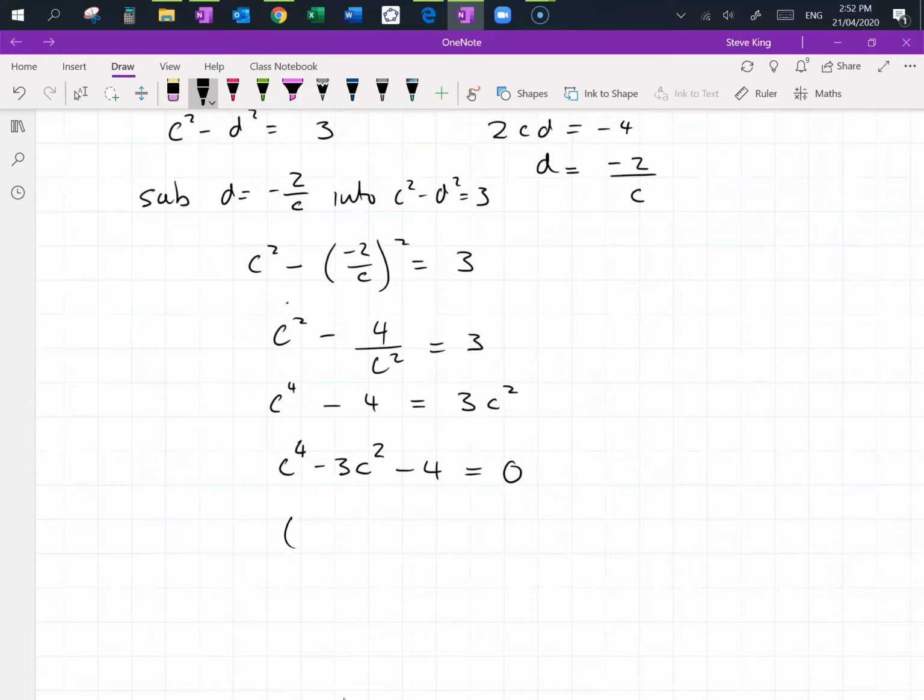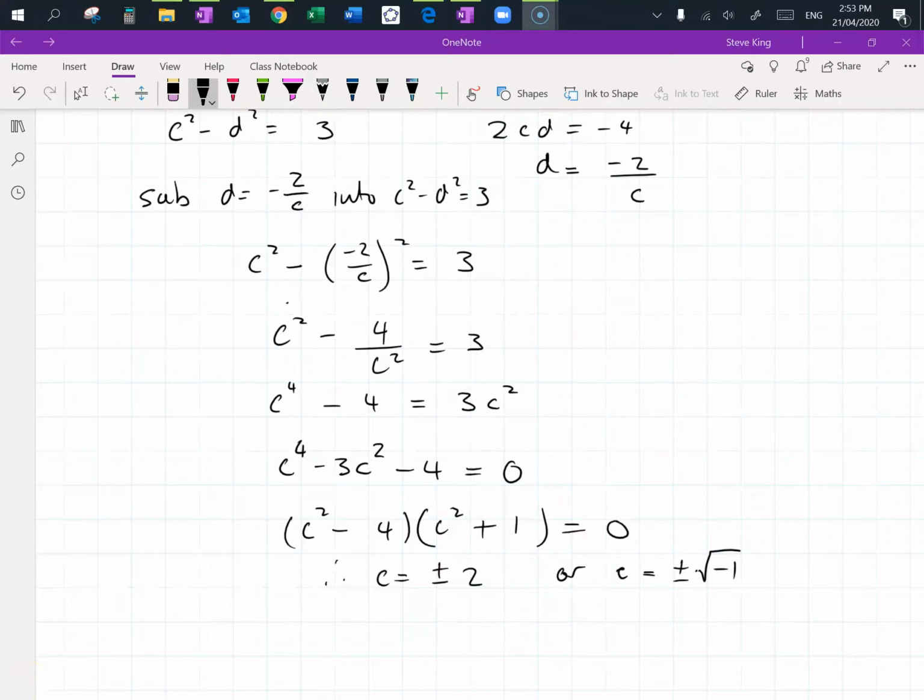And that has a quadratic format to it. In other words, I can factorize it as c squared minus 4, c squared plus 1, in which case c is either going to equal plus or minus 2, or c is going to equal plus or minus the square root of minus 1.